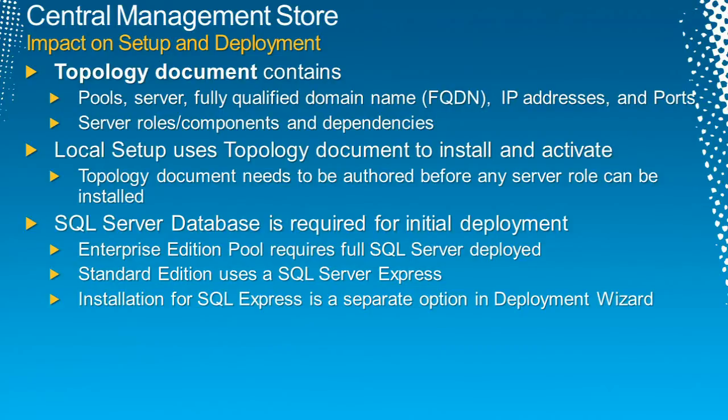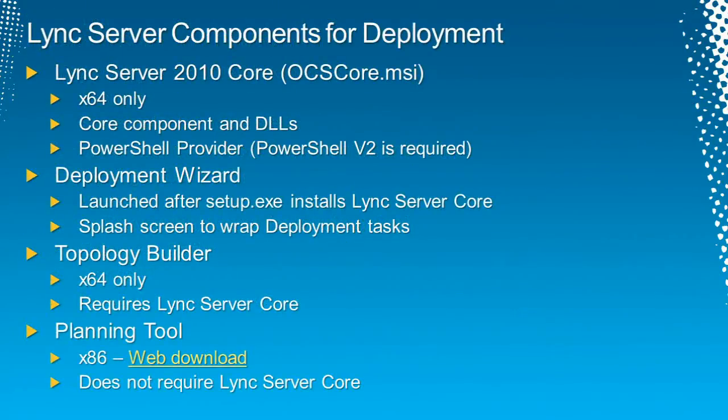Okay, all right. The Lync Server components that are in deployment. We have the core components. If you look in the programs on a server, I think it's called Lync core components. The MSI itself kept its old name from our previous release for some reason. It's called OCS-core.msi, and you'll see in some of our blogs we still refer to OCS core, so that's the same thing.